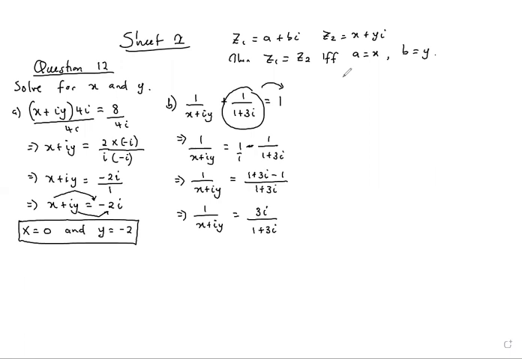So here you just reciprocate both sides. So where we have 1 over x plus iy, we now have x plus iy over 1. So we flip both on the left and on the right. So on the right we'll have 1 plus 3i over 3i. It's the same as you cross multiply and you divide.